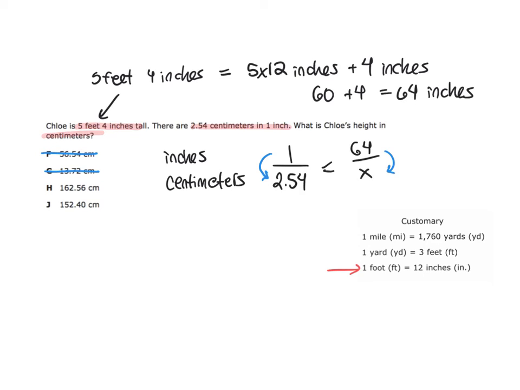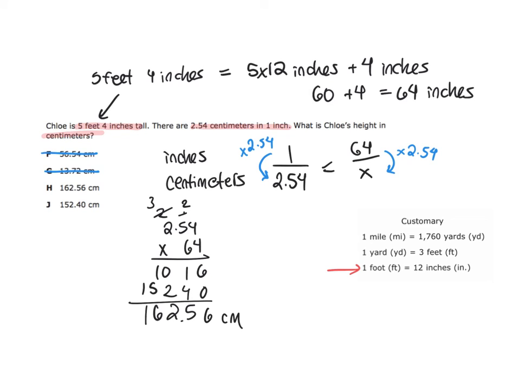We can get rid of F and G right away because they are actually smaller than 64. And you know what? I noticed that 1 times 2.54 equals 2.54. So I can just multiply 64 by 2.54 to get x. I got 162.56 centimeters.